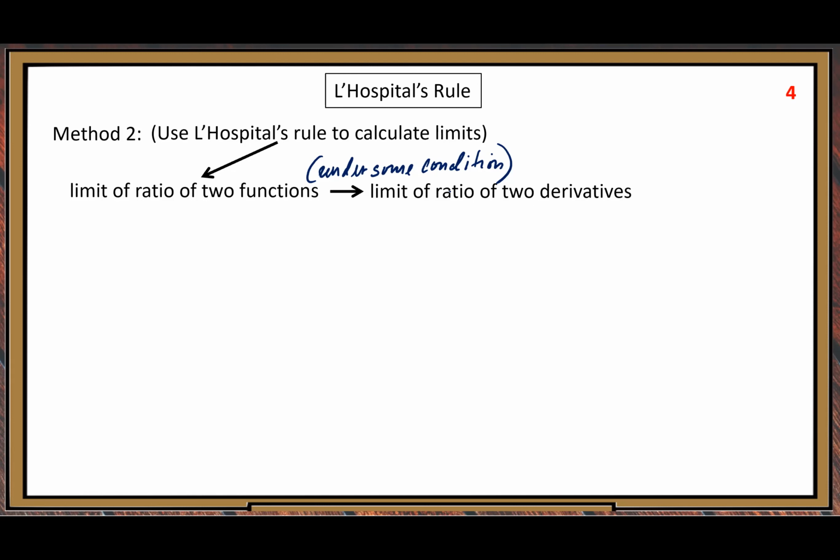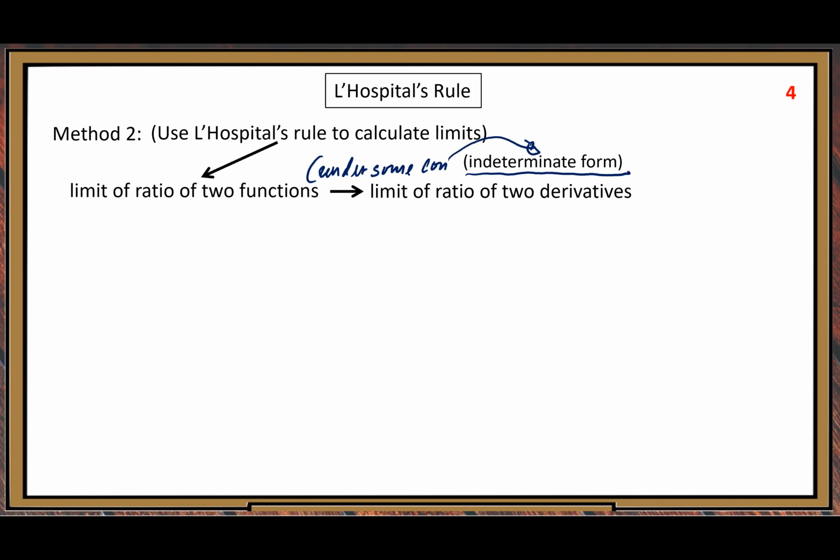Then we will find our answer relatively easier. That's L'Hopital's rule. When we talk about the condition, it is related to a concept called indeterminate form.